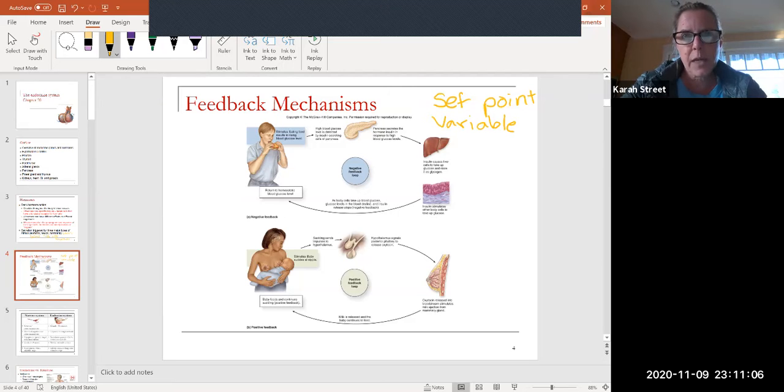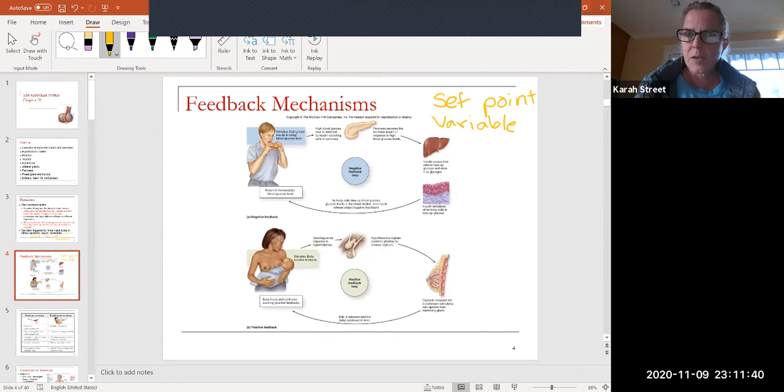I can measure your heart rate, your pulse rate, your breathing rate, your body temperature, how much urine you produce in 24 hours, your red blood cell count, your white blood cell count, specifically the number of monocytes you have. Anything I can measure in your body or from your body is a variable. Your electrolytes, how much sodium you have, how much potassium, those are variables.